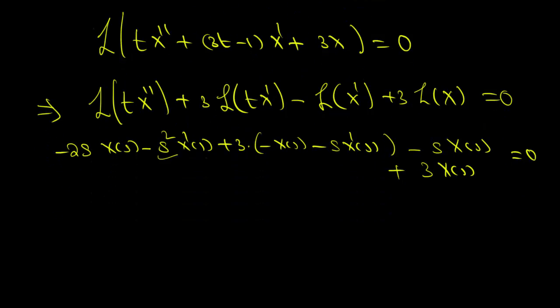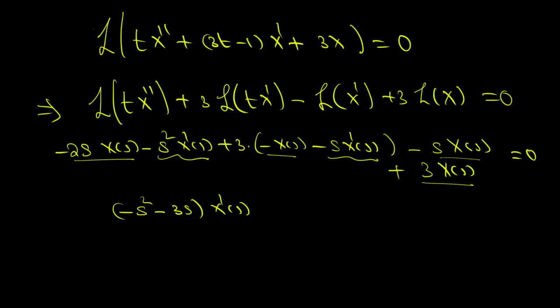We have two terms having X', so let us write them together: (−s² − 3s)X'(s). And we have 1, 2, 3, 4 terms having X(s), so we have (−2s − 3 − s + 3)X(s) equal to 0.